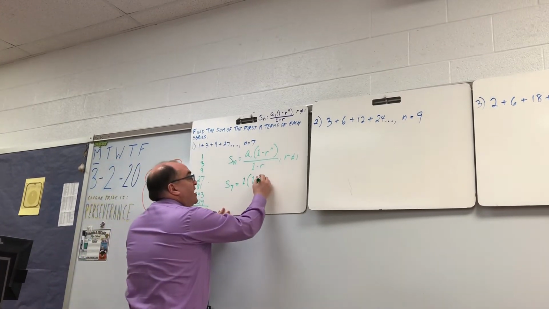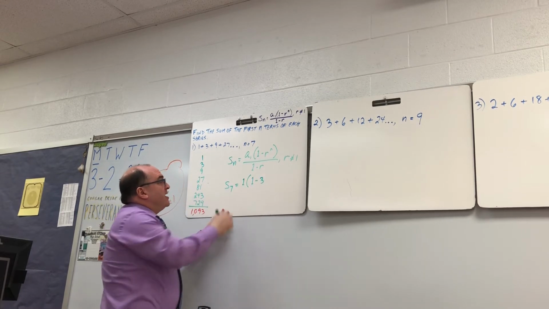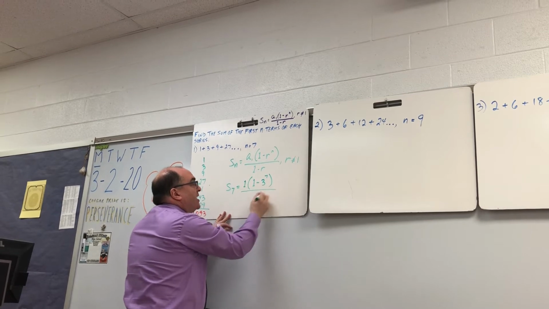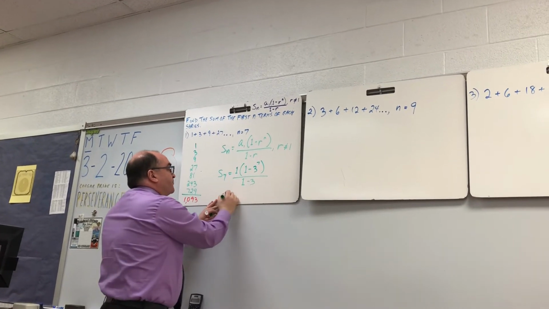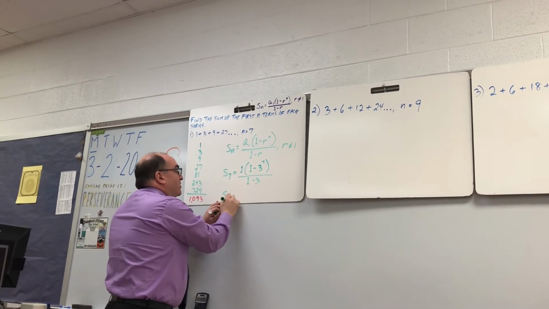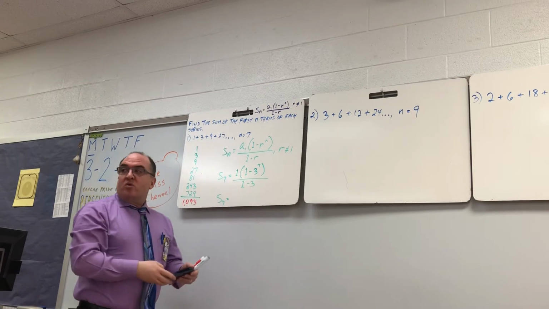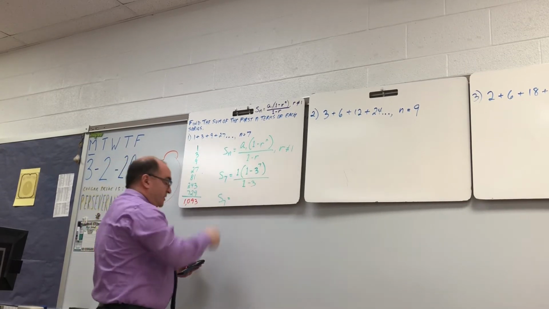So 3 to the n, which is 7, divided by 1 minus 3, okay? Beside the A, is that a 1? Yeah, this is a 1, sorry.